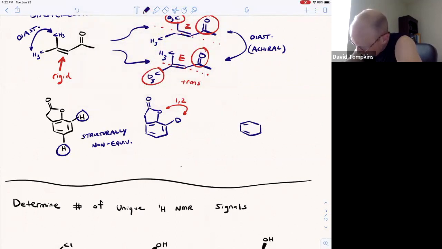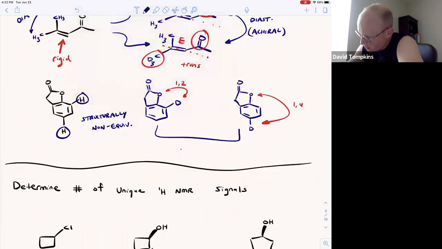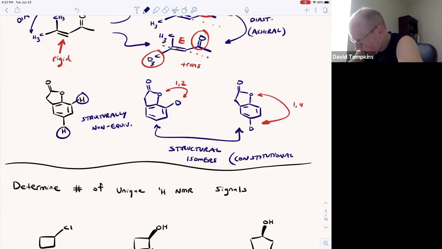And the other isomer, we'd have to break a sigma bond or two and reconnect. Now the oxygen and the deuterium are 1,4. In other words, these two compounds are structural isomers, or constitutional isomers of one another. So if you have to break a sigma bond and reconnect the atoms in a different way, okay, then they're simply structurally non-equivalent.